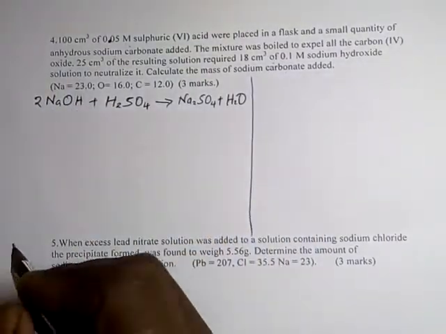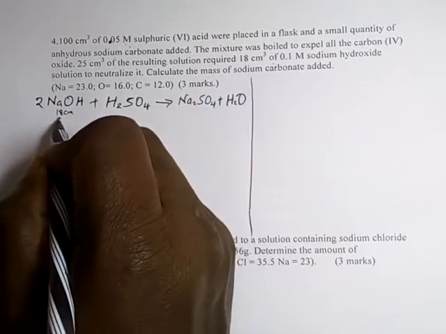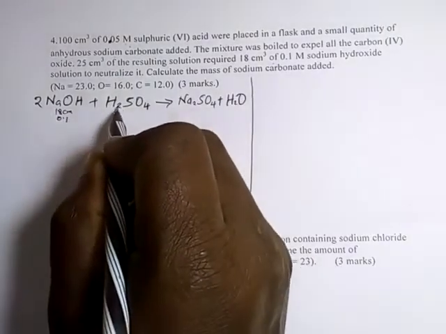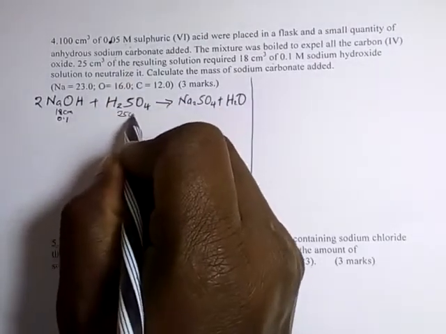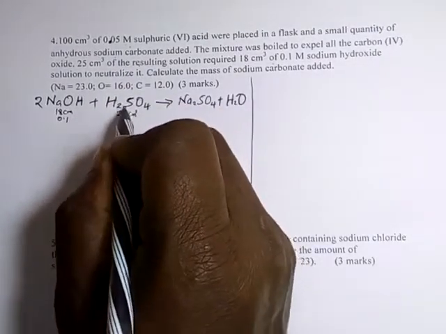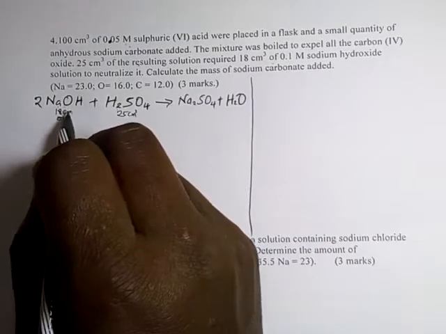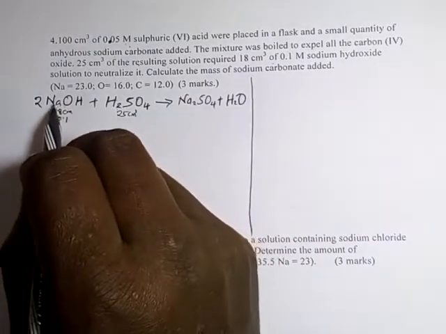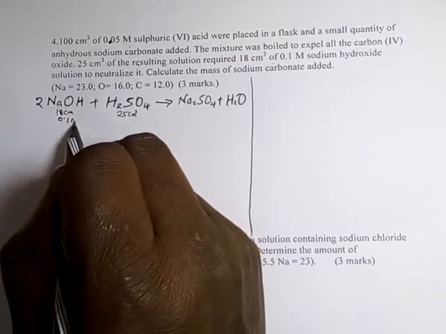That's what we have. We know that this one is 18 centimeters cube and the molarity is 0.1. 25 centimeters cube of sulfuric acid remained, which is reacting with sodium hydroxide. So first let us get the number of moles of sodium hydroxide, because here we have the molarity and we have the volume.